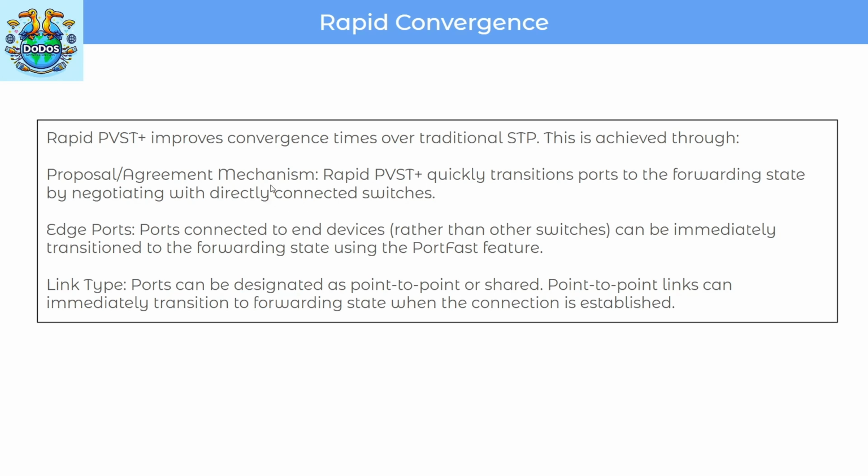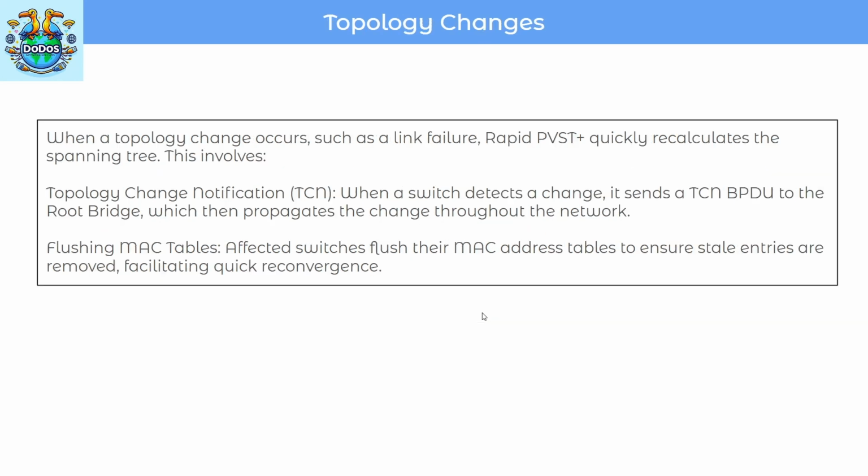This is also known as PortFast. PortFast is where it quickly transitions into the forwarding state, basically skipping the check sequence. Edge ports, ports connected to end devices rather than other switches, can be immediately transitioned to the forwarding state using the PortFast feature. Link type, ports can be designated as point-to-point or shared. Point-to-point links can immediately transition to the forwarding state when the connection is established.